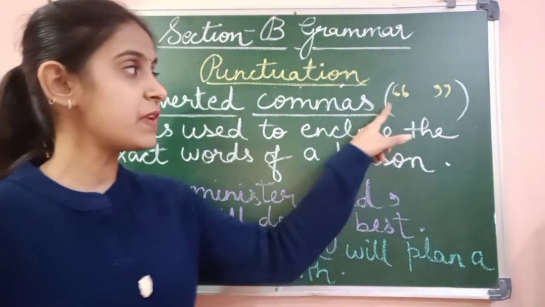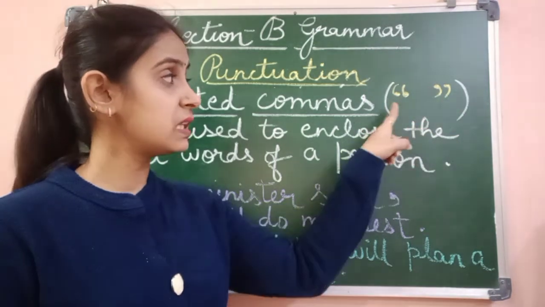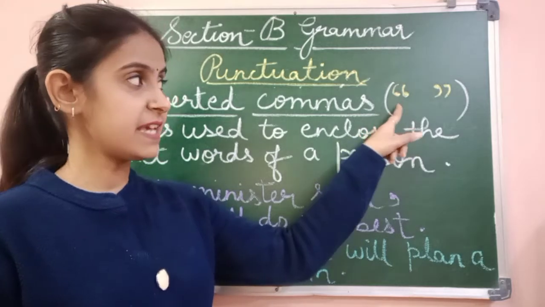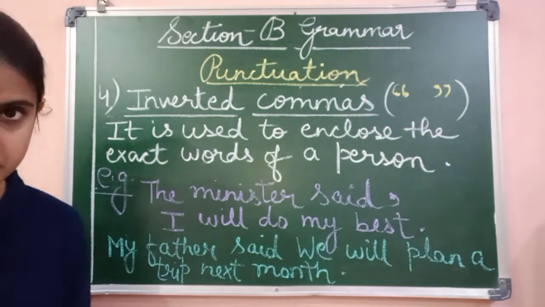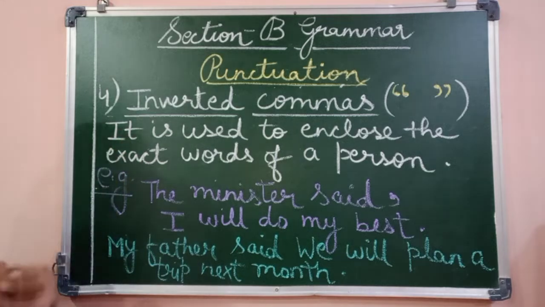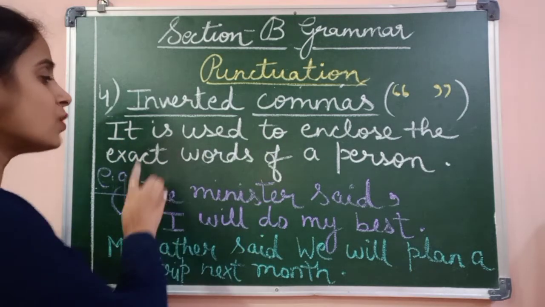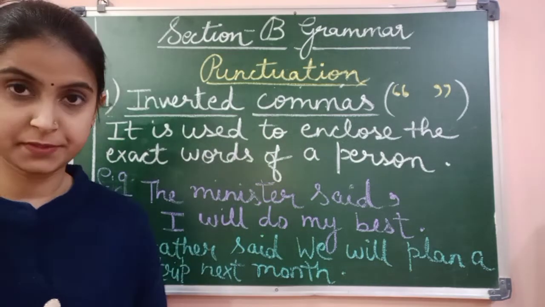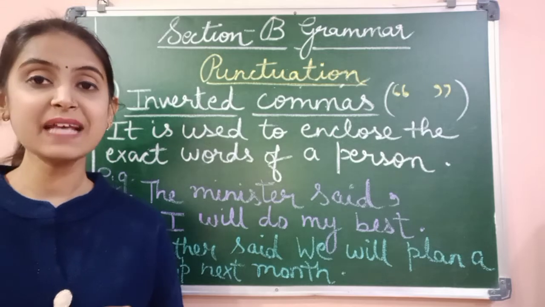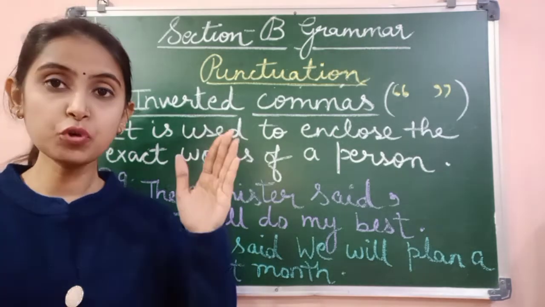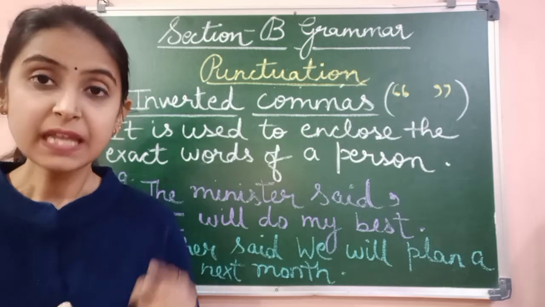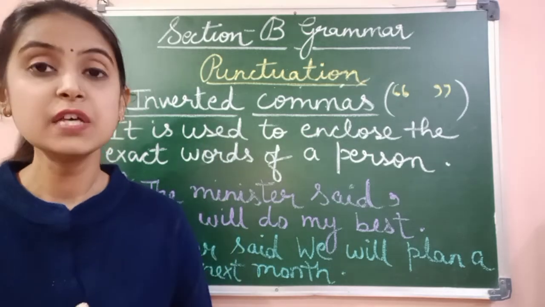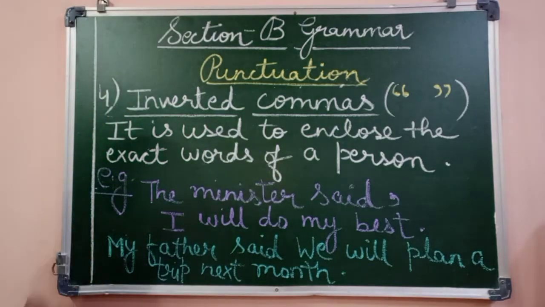The next punctuation mark in the row we have is inverted commas. Children, the sign of inverted commas is like this: 2 times 6 and then 2 times 9. Now what is the use of inverted commas? We use inverted commas to enclose the exact words of a person. Now suppose somebody has said something and we have to quote the words of the speaker, then we put the actual words spoken by the speaker in inverted commas.